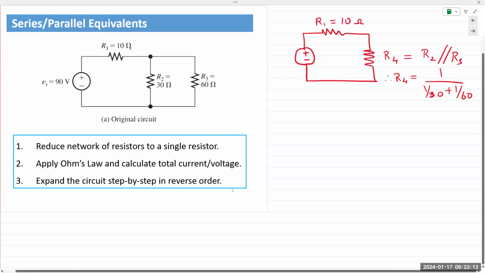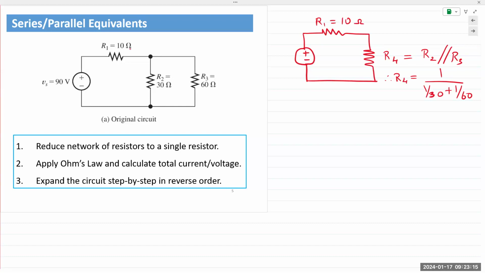Yeah. So if you have two resistors in parallel, an easy technique is take the two resistors, the product of the two divided by the sum of the two. So in this case, it's 30 times 60, it's 1800 divided by 90. I'll repeat it again.